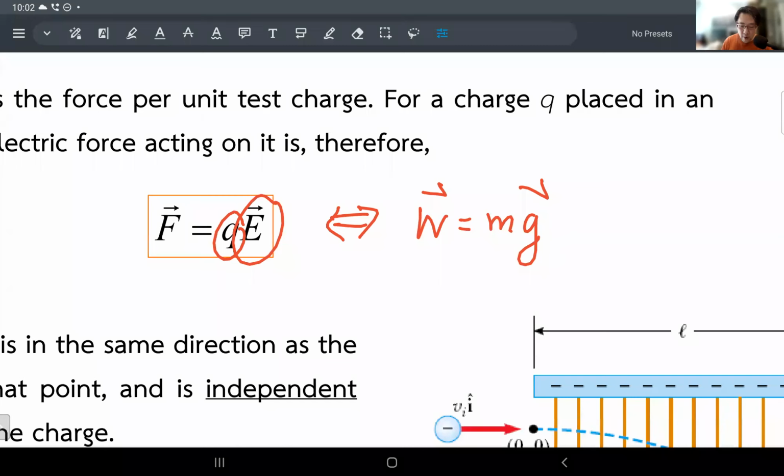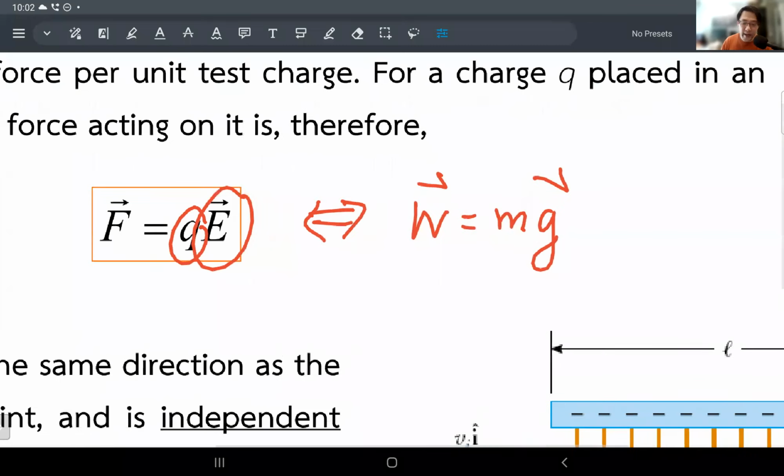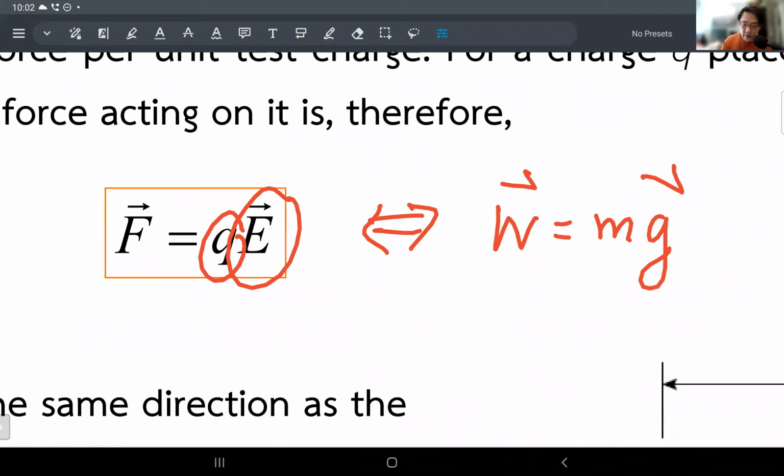I always show you this analogy a couple of times just to confirm that this analogy works so well because it's based on the same idea. The force under a gravitational field comes from the mass in that field multiplied by the strength of the field. That's the whole concept of the field and the force.